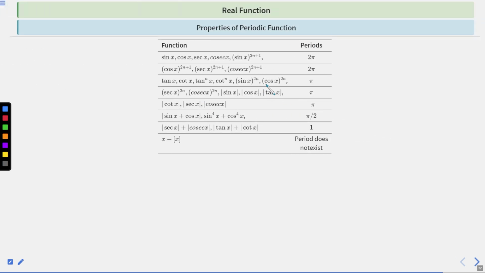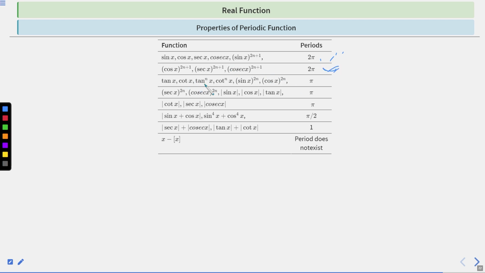You can see this. The period of sin x, cos x, sec x, cosec x, and sin x to the power odd is 2 pi, right? Again, cos x to the power odd, sec x to the power odd, cosec x to the power odd has period 2 pi, right?